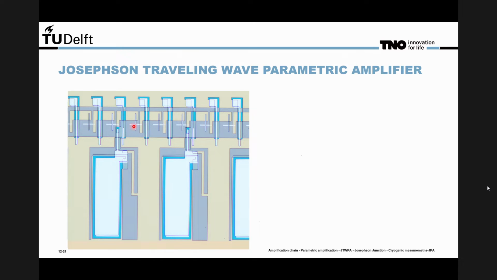These are the cross-like features we see here. So the devices I fabricated consist of a long chain of unit cells. And the TWPAs I managed to fabricate had 115 of these unit cells.